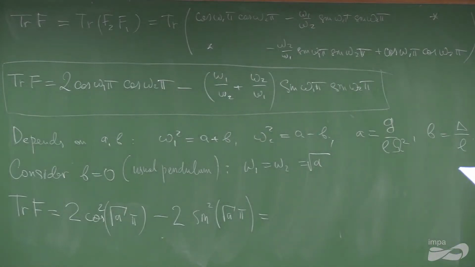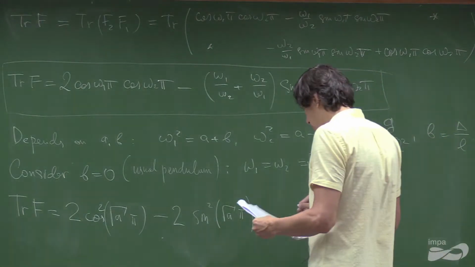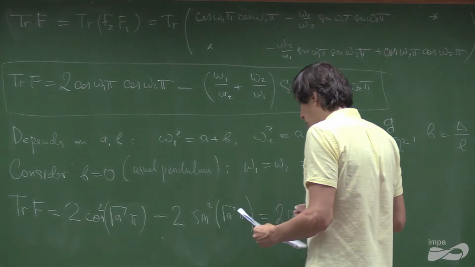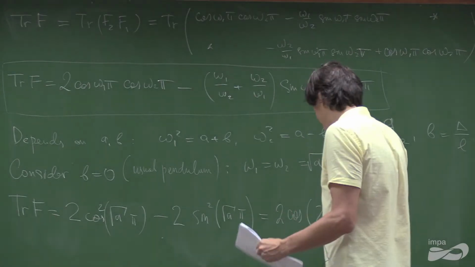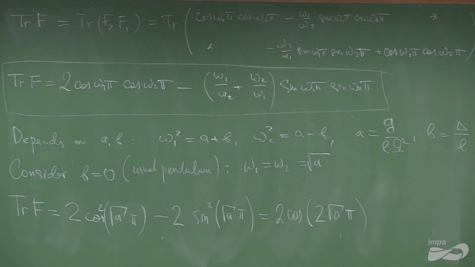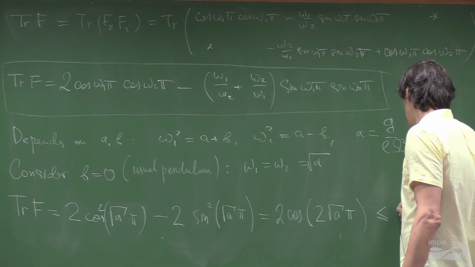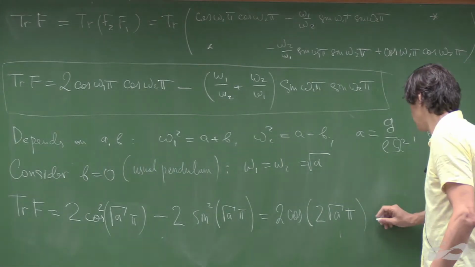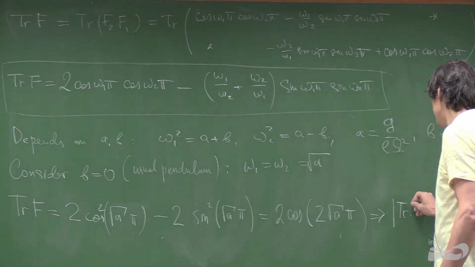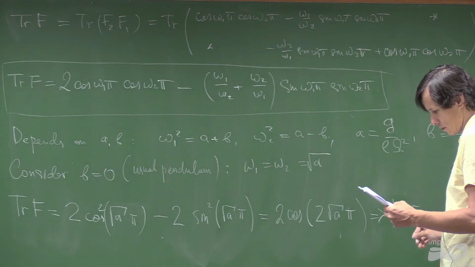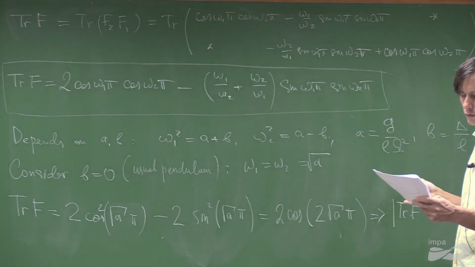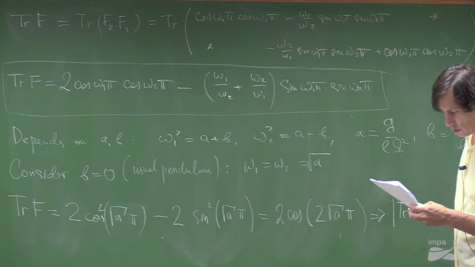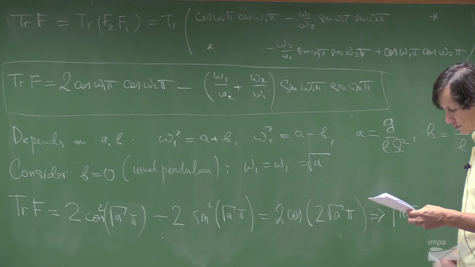So cosine squared minus sine squared, you remember what it is. It should be cosine of twice the argument. Okay. And we see that the absolute value of the trace is smaller than or equal to 2, right? Did I write it? Yeah. In the notes, I forgot to put the modulus several times. So just check it.